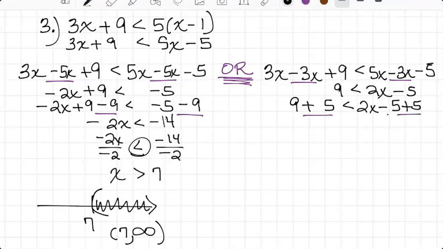Nine plus 5 gives me a 14. So I have 14 is less than 2x. Now I'm dividing both sides by 2 so that I can get my x by itself. It's a positive 2, so I don't have to flip the inequality. And I get 7 is less than x.